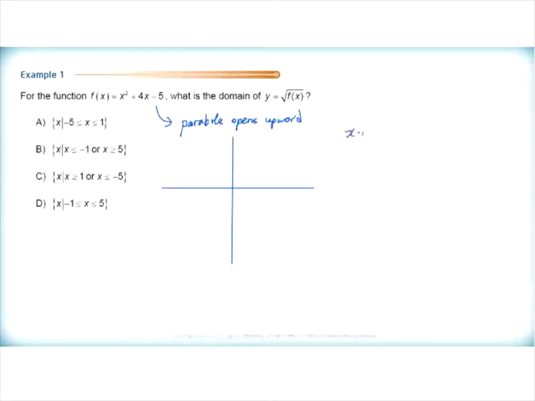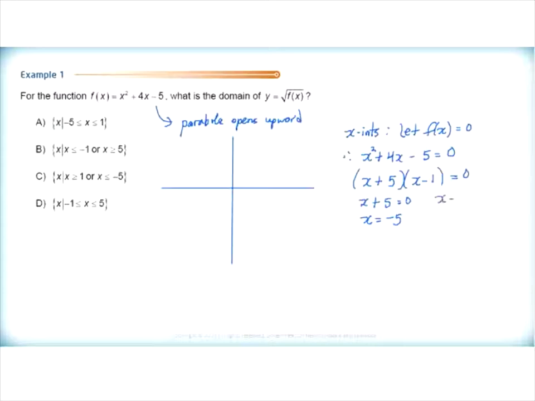So the x-intercepts here will occur when f of x is equal to 0. So we have x squared plus 4x minus 5 equals 0. To factor that, you have the factors of negative 5 that have a sum of positive 4. x plus 5 times x minus 1 equals 0. So one x-intercept occurs when x is equal to negative 5, and the other x-intercept occurs when x is equal to 1.